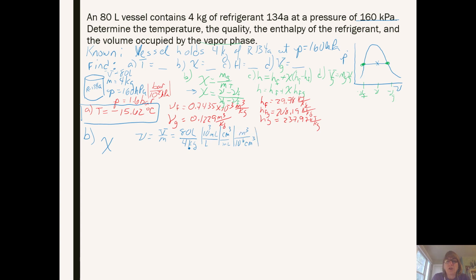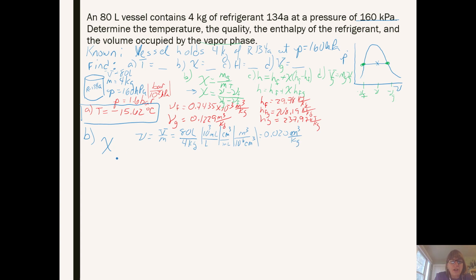Okay, so 80 divided by 4 is 20, and divided by 1,000, so this is equal to 0.020 meters cubed over kilograms. So that's our specific volume.